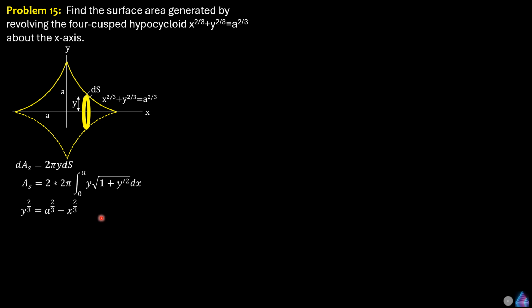Raising everything to 3 halves, y equals the quantity a to the 2/3 minus x to the 2/3 to the 3 halves. So the derivative y prime is 3 halves quantity a to the 2/3 minus x to the 2/3 to the 1 half times negative 2/3 of x to the negative 1/3, the derivative inside. Simplifying, 3 halves times negative 2/3 is negative 1. So y prime equals negative the quantity a to the 2/3 minus x to the 2/3 to the 1 half over x to the positive 1/3.